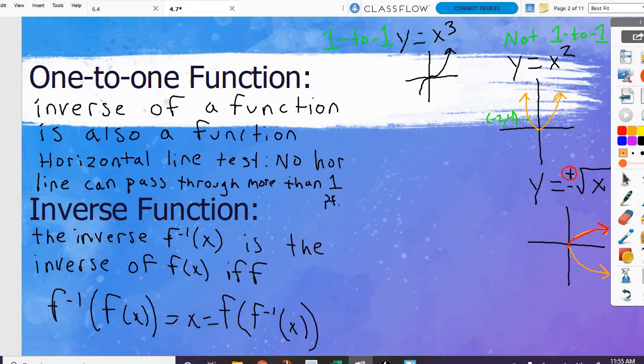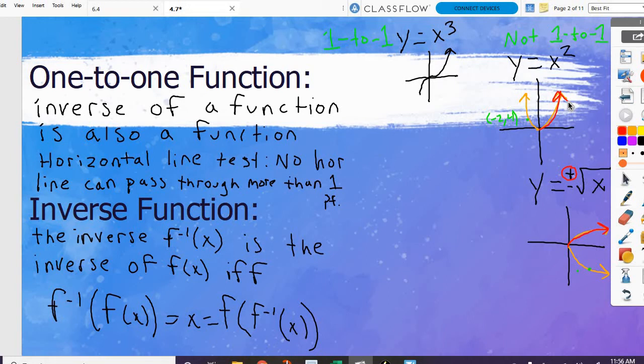Again, remember we're trying to restrict it, so we don't want to use that point. We want to use this side of our graph instead. So the positive x squared portion gives us the positive square root of x. So now let's think, if I'm just looking at my red graph, does that pass my horizontal line test?